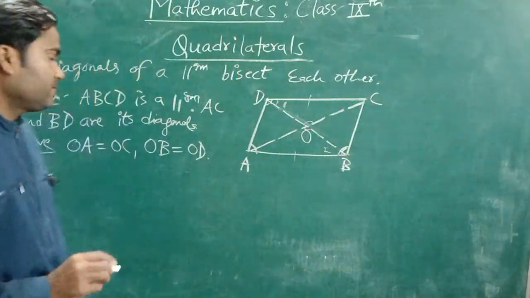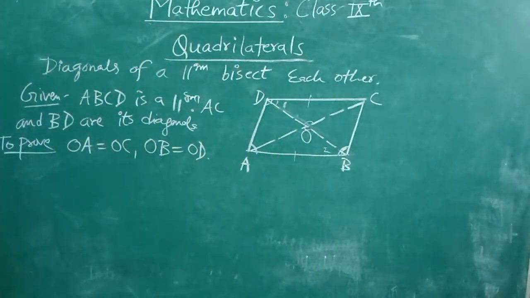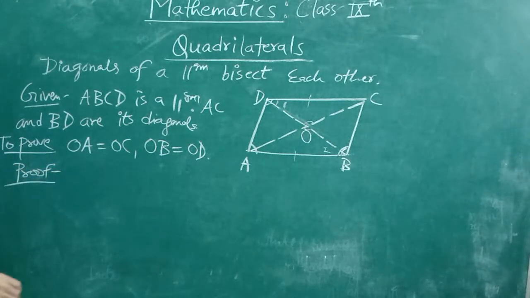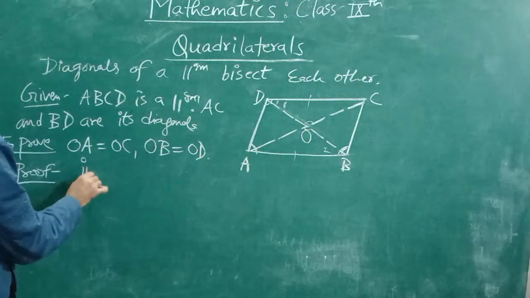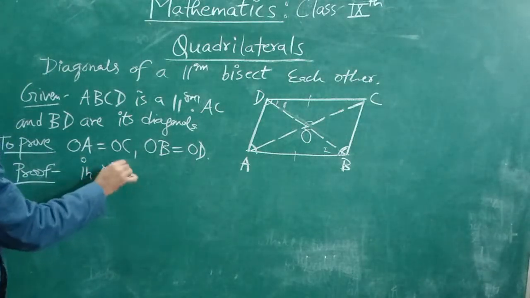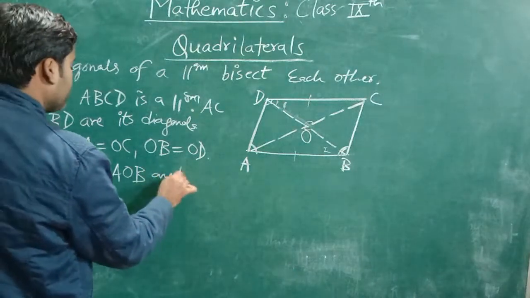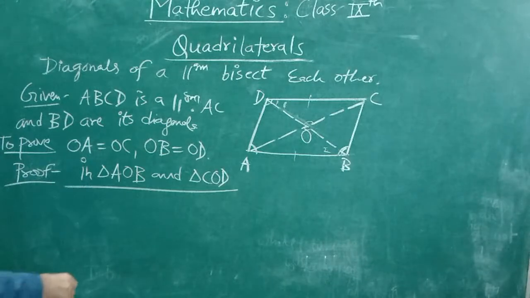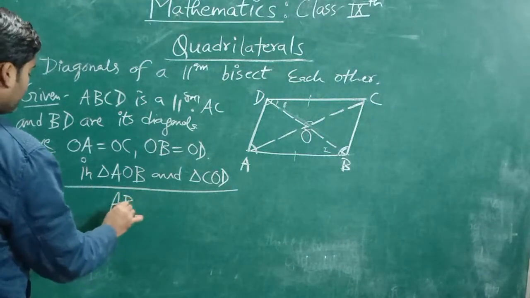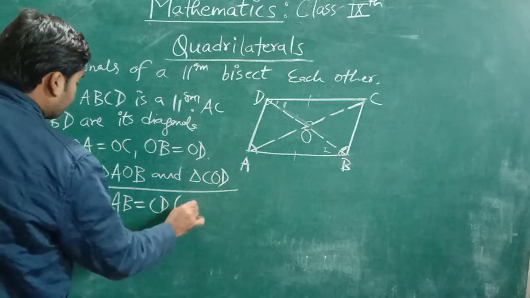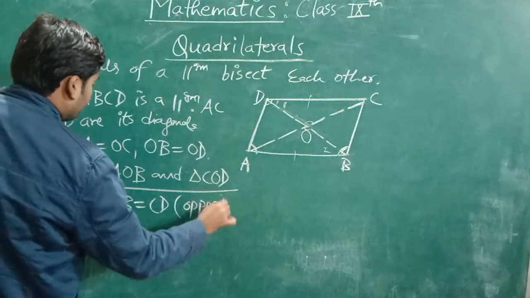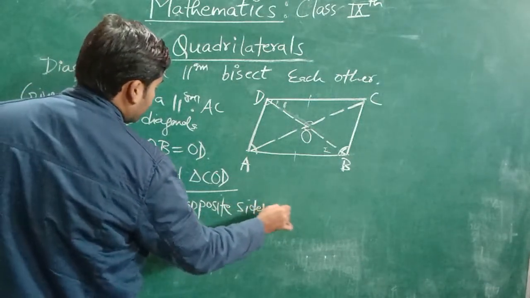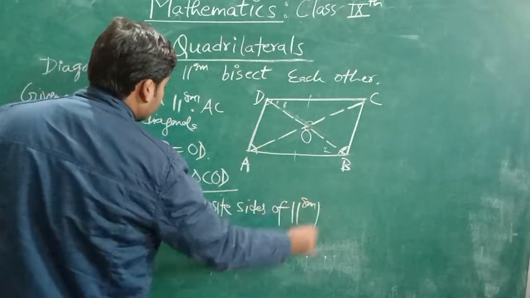So just write it down. In triangle AOB and COD, AB is equal to CD. The reason is opposite sides of a parallelogram.